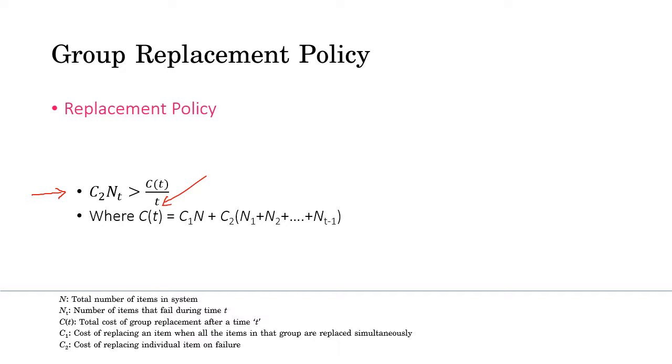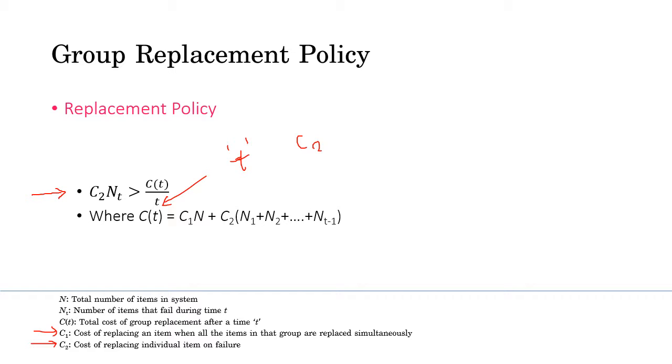If this condition is satisfied, then the company must replace all items after an interval of time t, plus if any individual item fails during this period, the company should replace that individual item by paying a cost C2. As you can see, C2 is the cost of individual replacement, and C1 is the cost of group replacement, or the cost of a single item when it is replaced in a group.